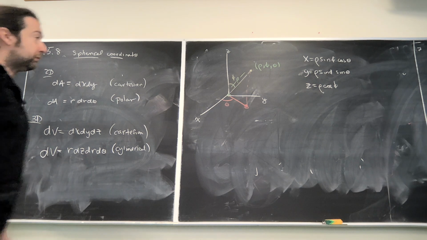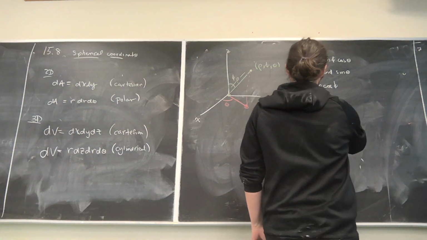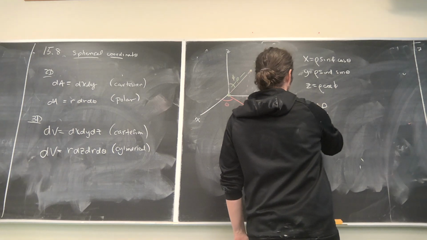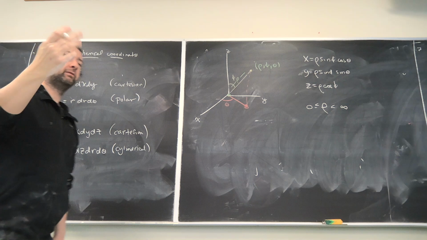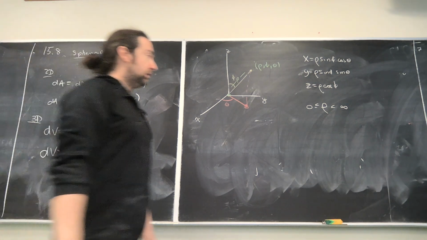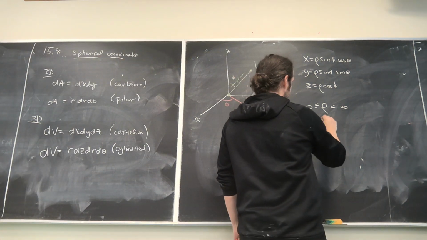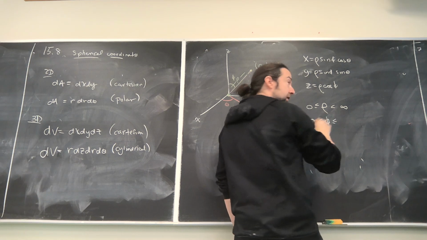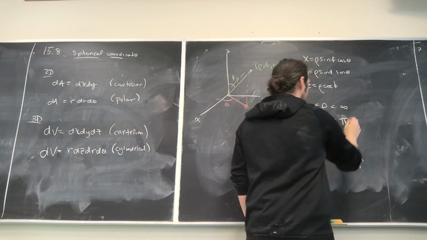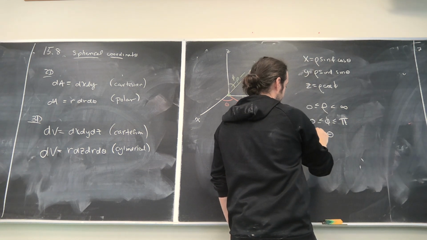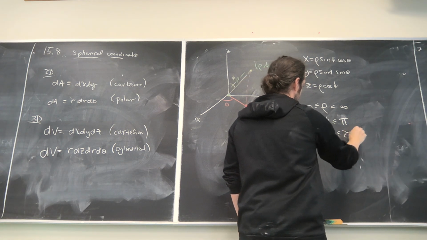Okay, so it's worth remembering that our rho values here can range from 0 up to infinity. So rho has to be a non-negative number. The phi values, at least in this setup, go from 0 to pi, and the theta values go from 0 to 2 pi.